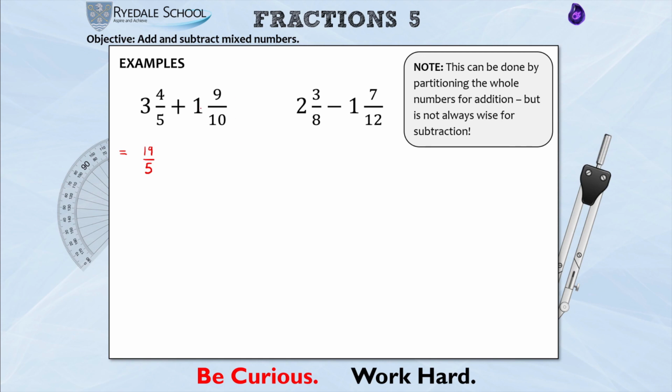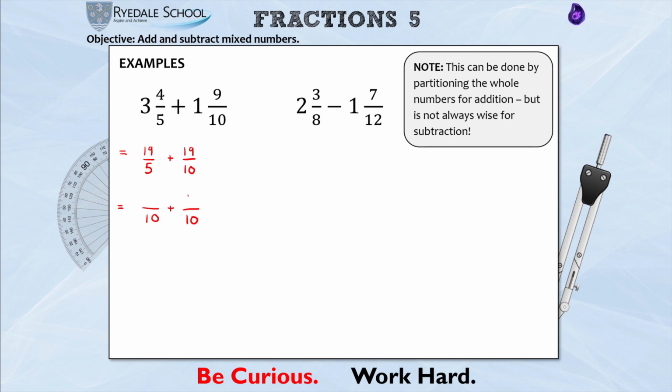And I know that 1 9/10 is the same as 19/10. Now, do I have a common denominator? The answer to that is no. But this is a question where I can just change one of them to make the denominator the same. So I can turn them both into fractions out of 10.